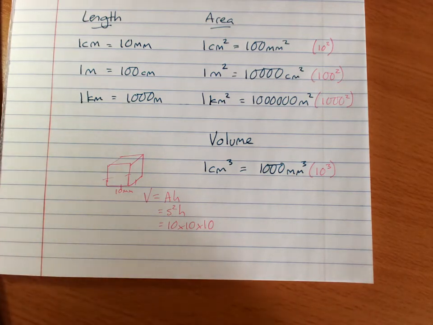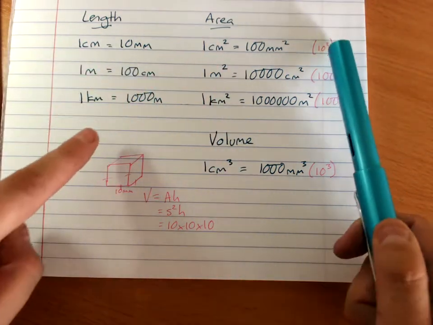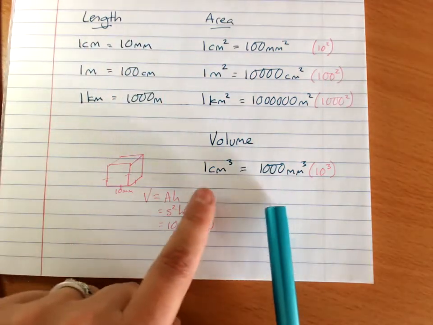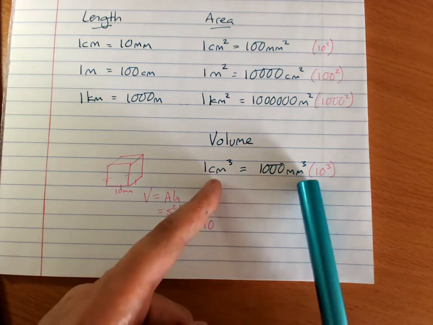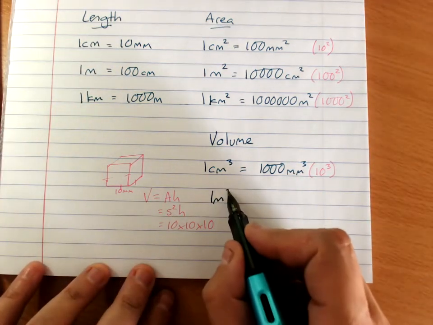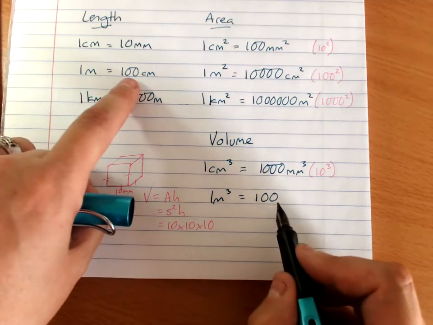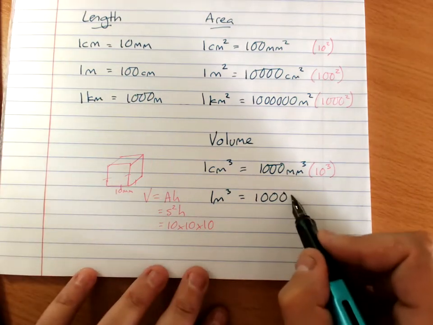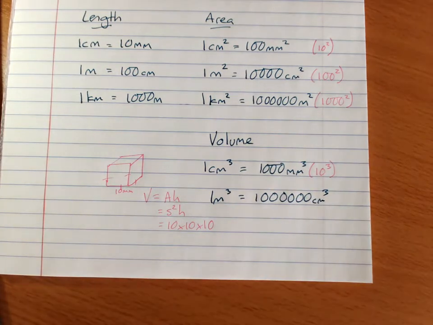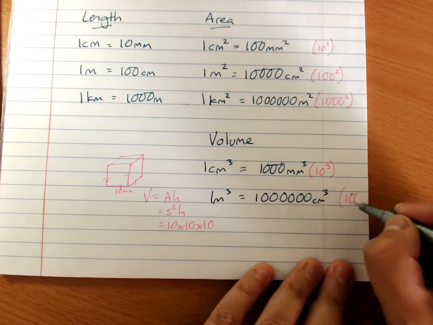And it's really handy because, of course, when I'm doing area, the units are centimetres squared, and I square the length relationship. When I'm doing volume, the units are centimetres cubed, and I cube the length relationship. So 1 metre cubed is going to be 100 cubed centimetres cubed. So you can see that the relationship gets very large very quickly when we're talking about volume.